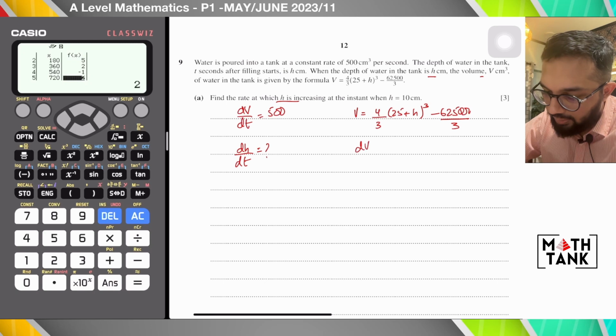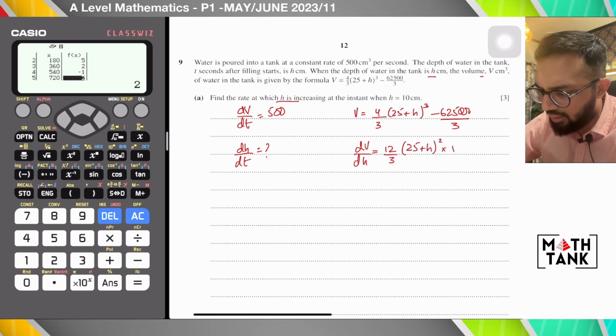So what I'm going to do is first calculate dV over dh. It's going to be 12 over 3, 25 plus h squared into 1, 4. That's dV over dh.